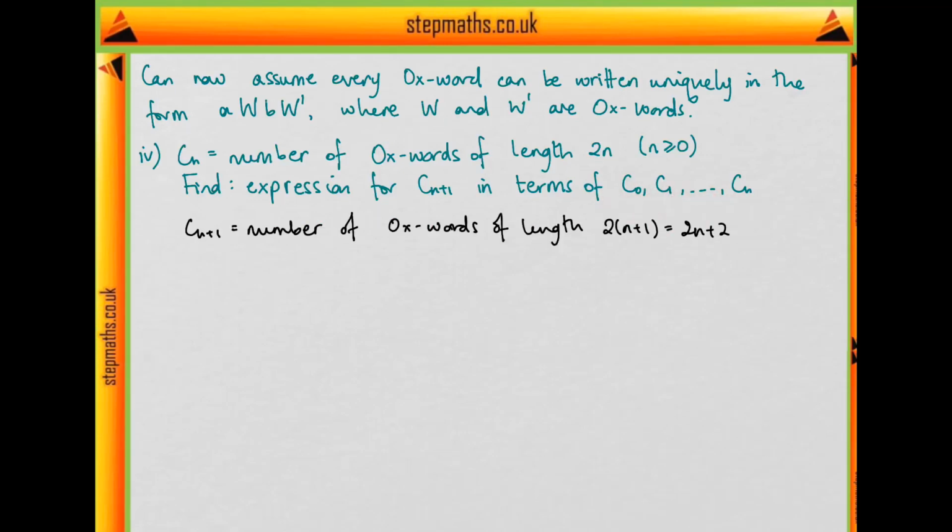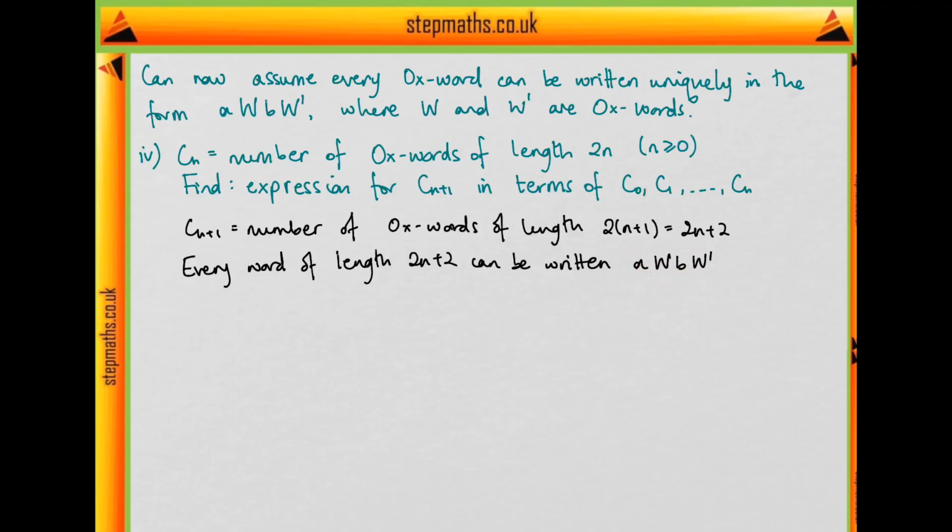Okay, well, Cn plus 1 is just the number of Oxwords of length 2 times n plus 1, so 2n plus 2. And they've told us this, so they must want us to use it in some way. So from this we know that every word of length 2n plus 2 can be written as AWBW dash.